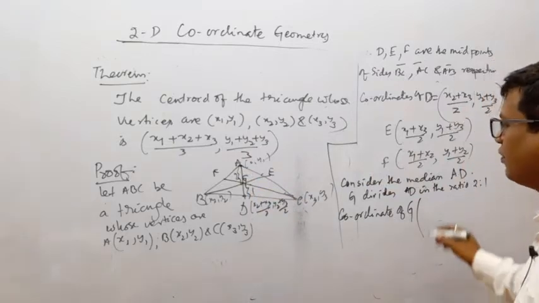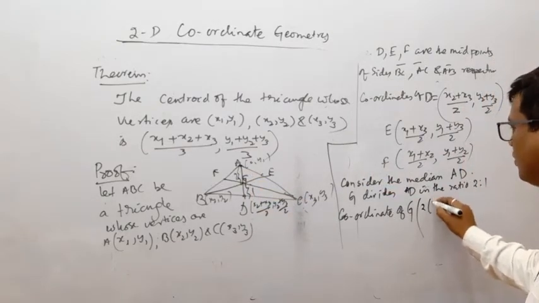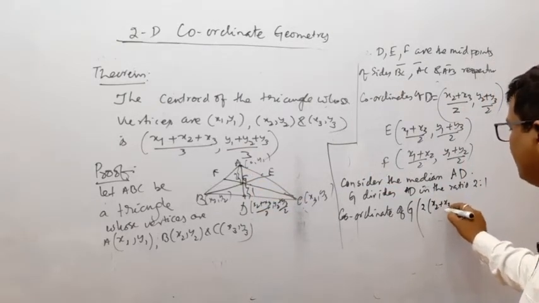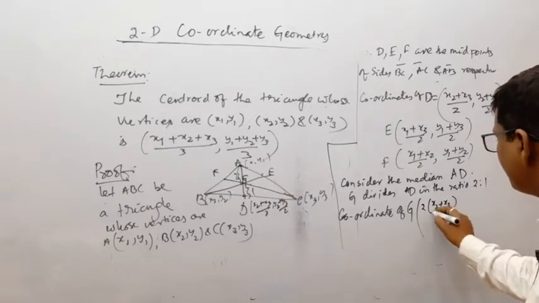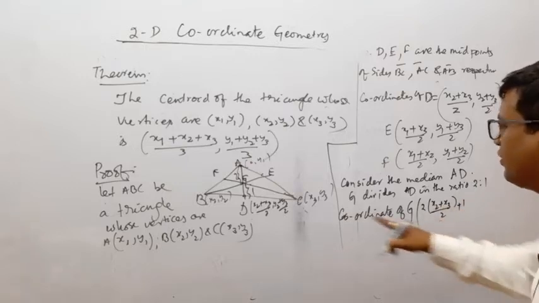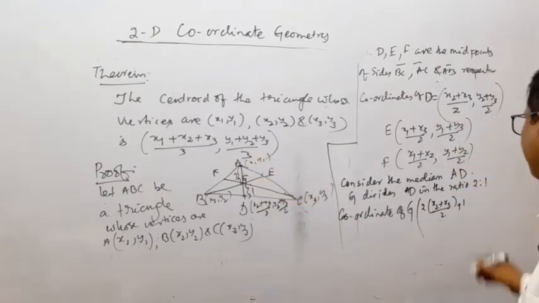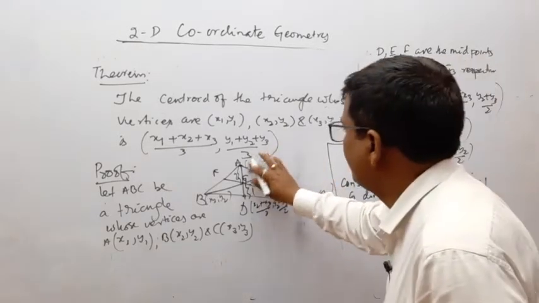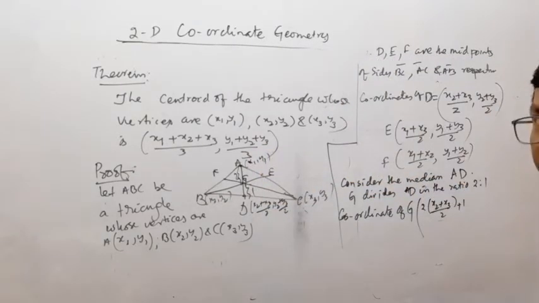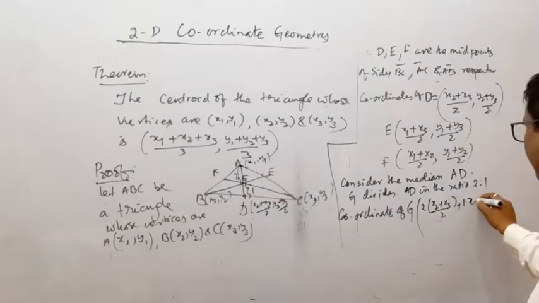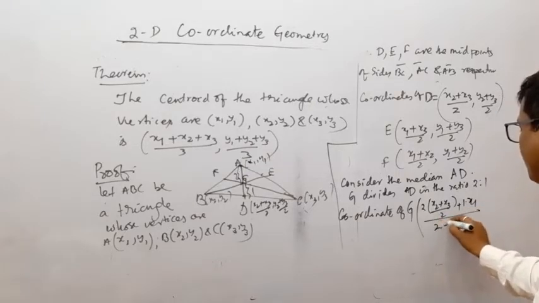So the x coordinate equals 2 into x2 plus x3 divided by 2, plus 1 into x1, divided by 2 plus 1.